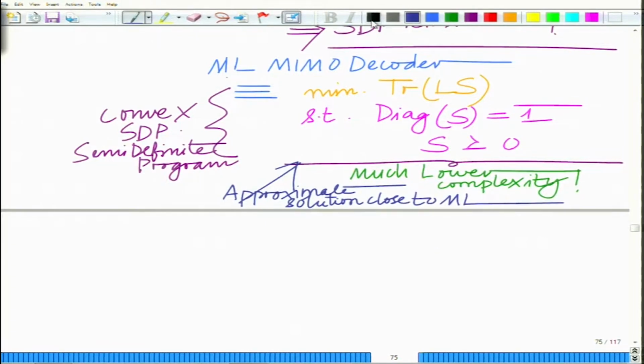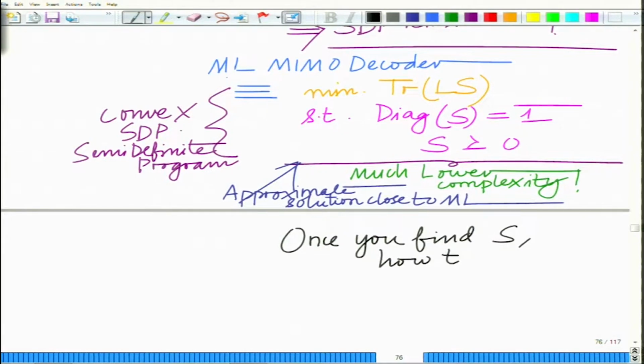Okay. Now once you find S, how to find S bar rather. So the point is, you find this matrix S, S equal to S bar S bar transpose, but it is not guaranteed because we have ignored the rank 1 constraint.